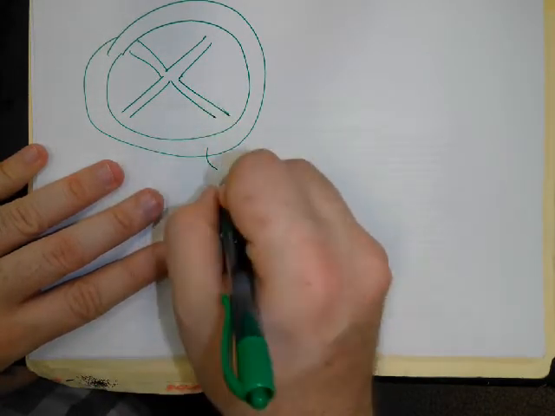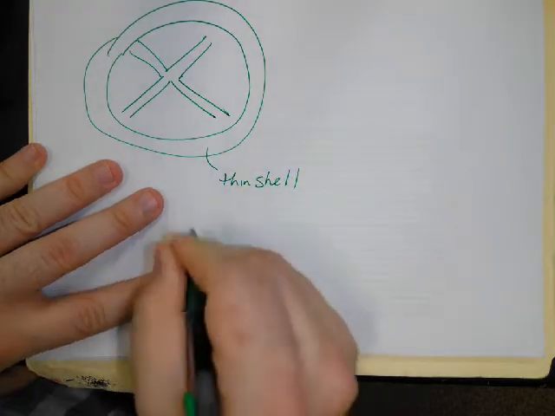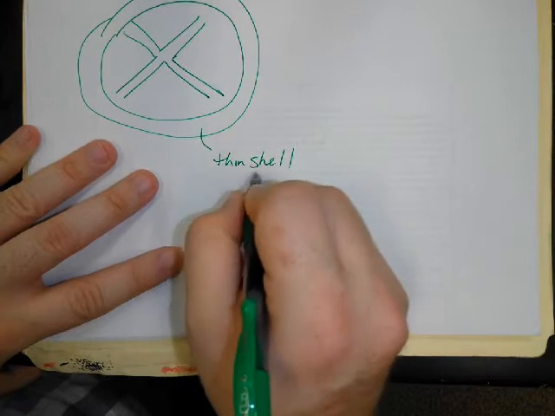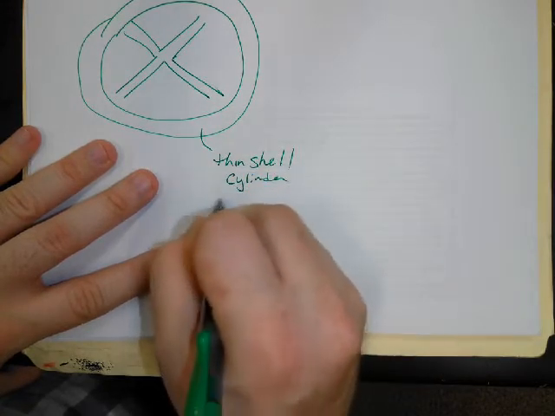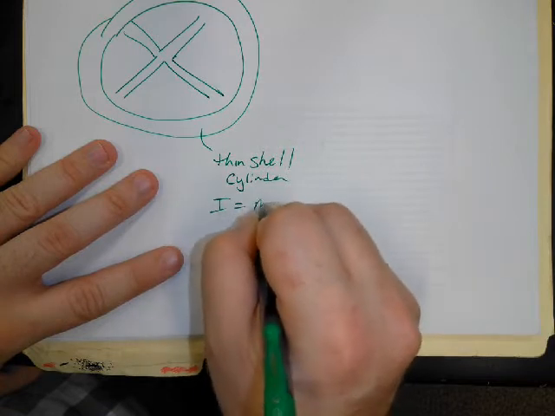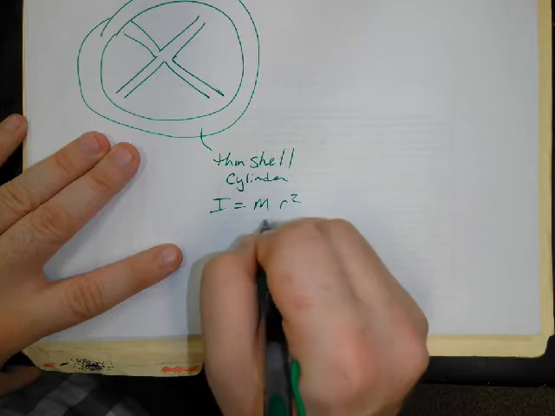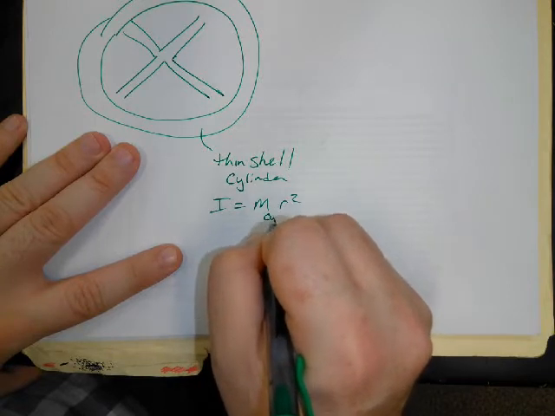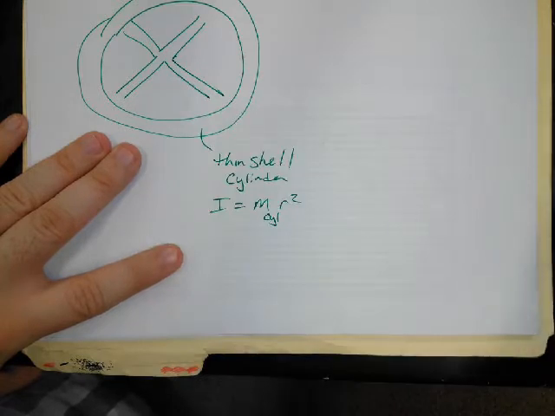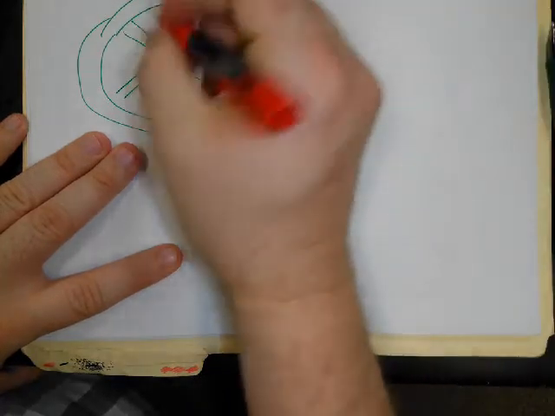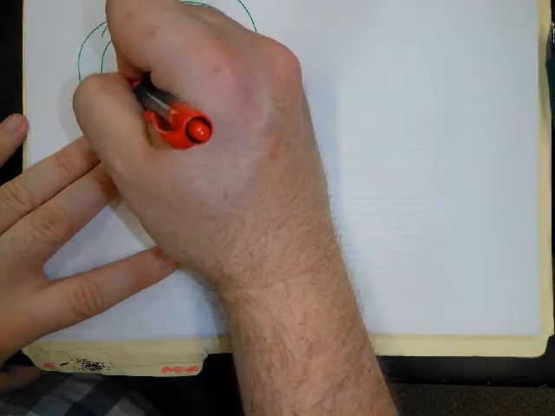The outer rim is a thin shell, so that's our thin cylinder, and I here is going to be the mass of the cylinder times the radius squared. And then there are these spokes. We can say that there are 4 of them with radius r.